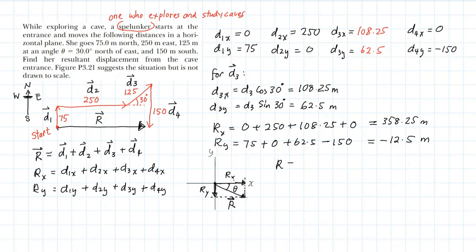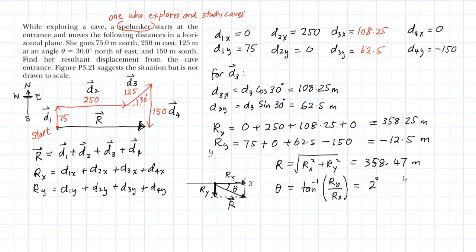The magnitude of R is equal to 358.47. The angle theta of the resultant displacement is 2 degrees below the x-axis.